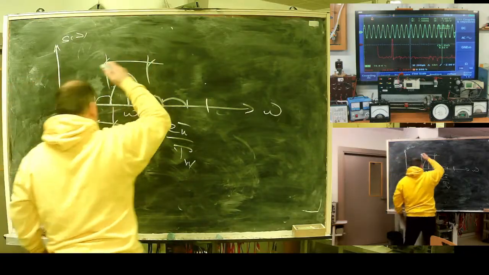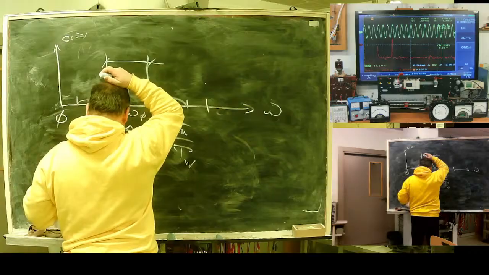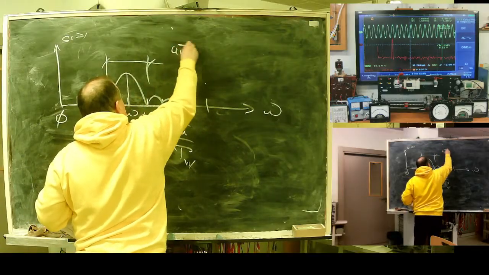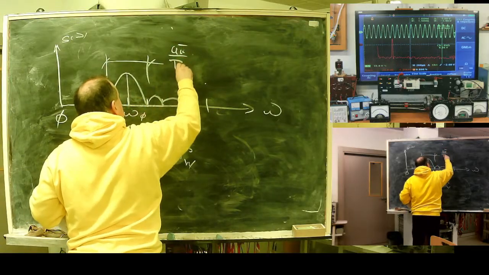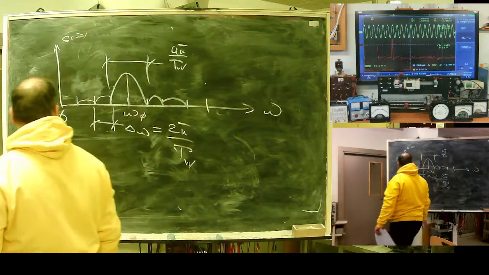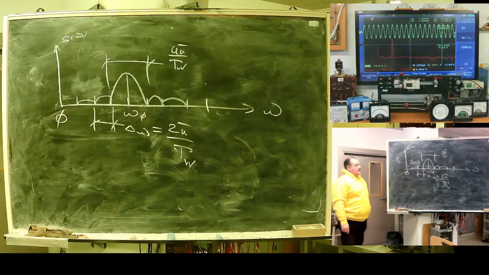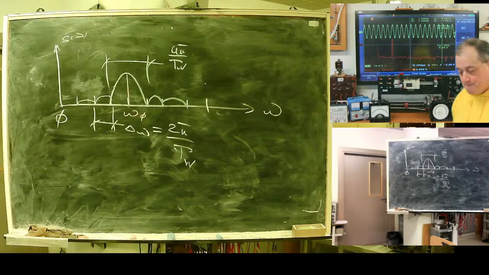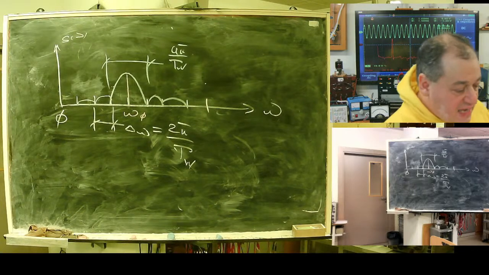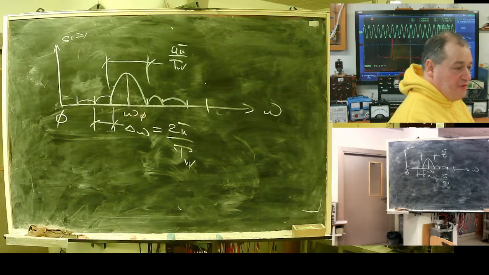This one is 4π divided by Tw. It's a good case. We can get this. How? If we need high precision, we can synchronize samples with signal frequency.